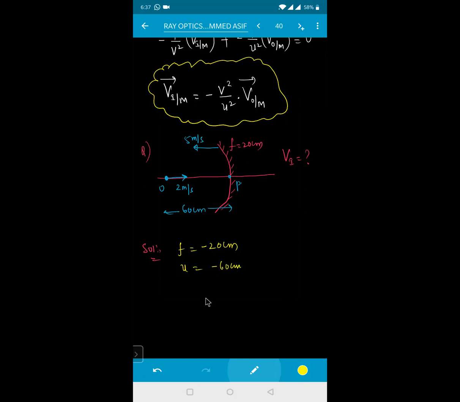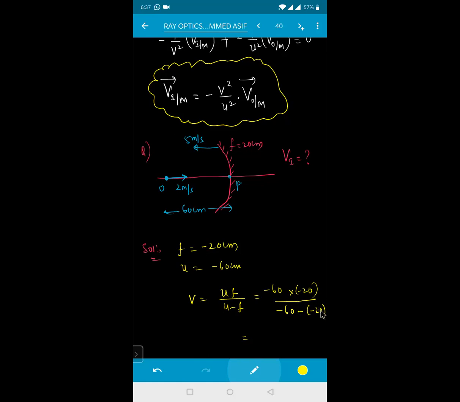So what will be the image formation? Where is the image formation happening? Can anyone tell me? V is equal to how much? We got the formula: U into F divided by U minus F. So U is minus 60 into minus 20, divided by minus 60 minus of minus 20, that means minus minus, this will be plus.